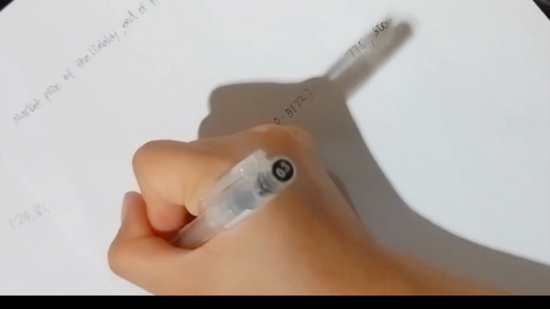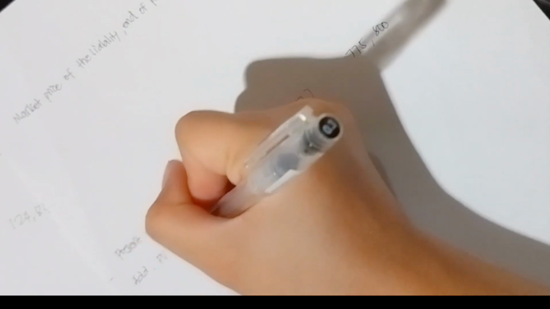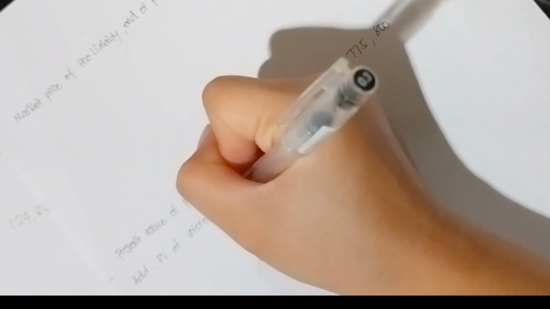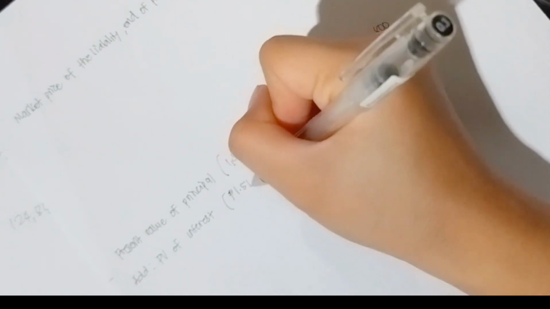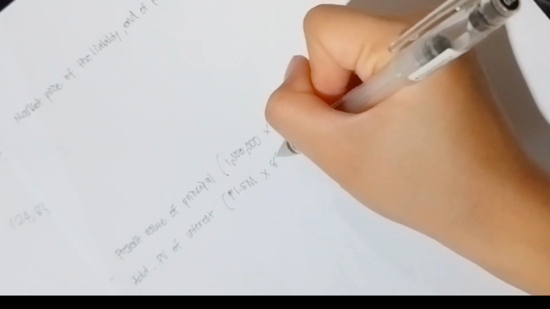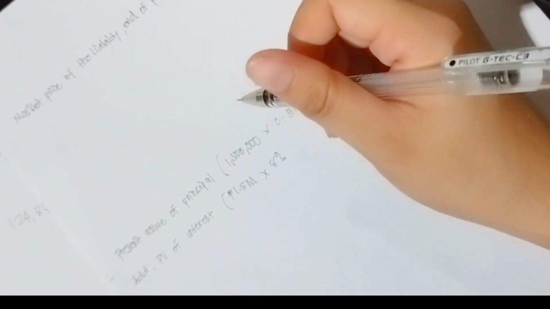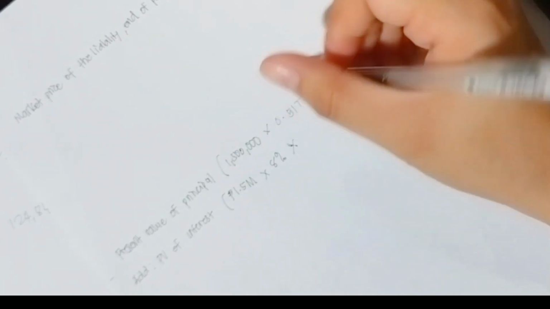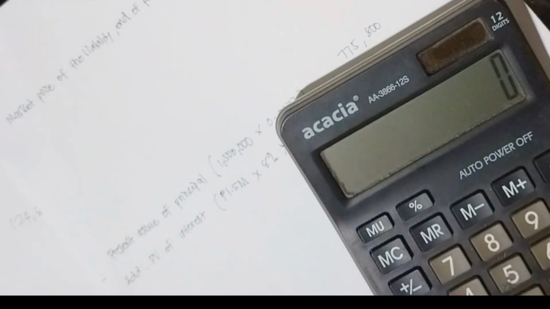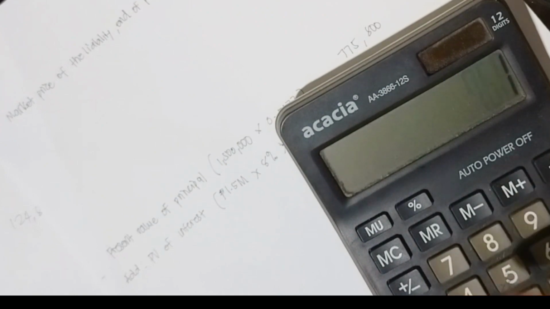And we add the PV of interest, which is equal to 1.5 million carrying amount times 8%, which is the effective interest rate, times the PV of 1 using 7.60 again. So we have 7.60 divided by 100 plus 1. For 9 periods, we have 1, 2, 3, 4, 5, 6, 7, 8, 9.